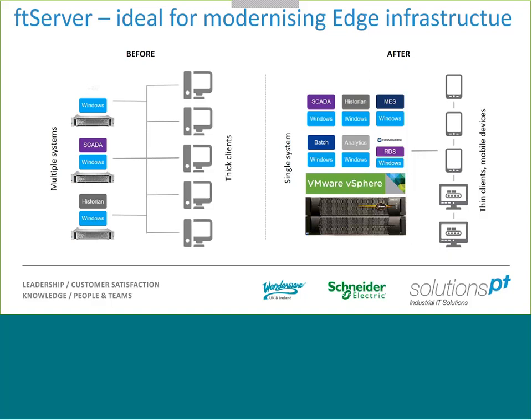On the right-hand side, what we've done is we've virtualized those, and they're actually running on a Stratus server, which I'll come on to later on. So that gives us extra uptime, so 99.999% availability, or 5 nines, which I'm sure you've all heard of before. And the virtualization's being done via thin clients and mobile devices on the right-hand side.